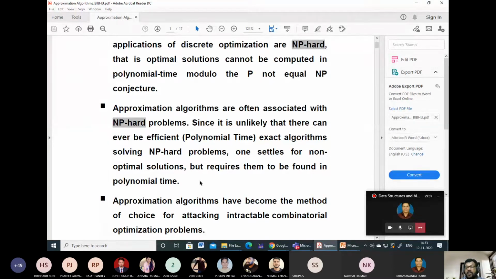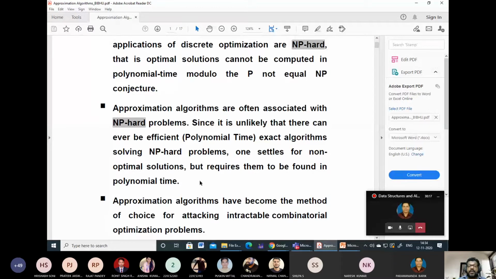Research papers do not explicitly prove it; they only put a reference to Johnson's book or another book and say the problem is NP-hard. That's all, no proof. But in a thesis, you need to put the argument or theorem explaining why this problem is NP-hard.